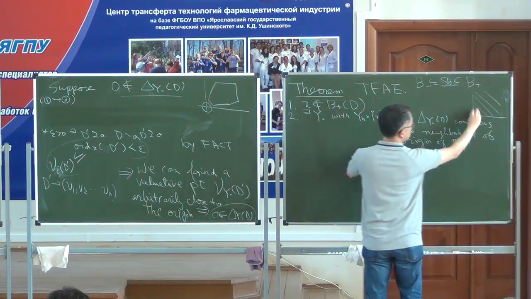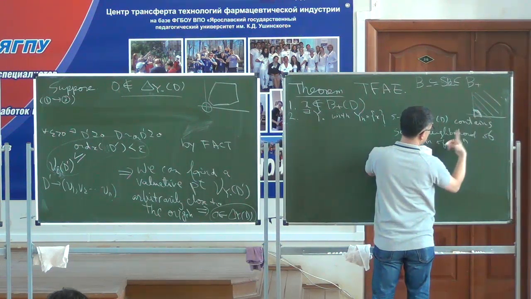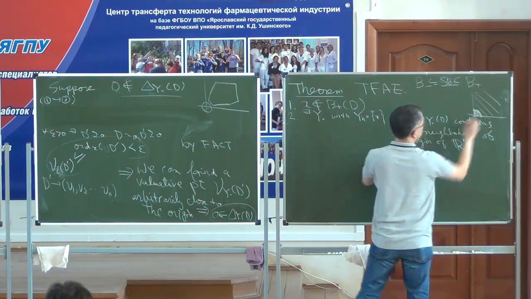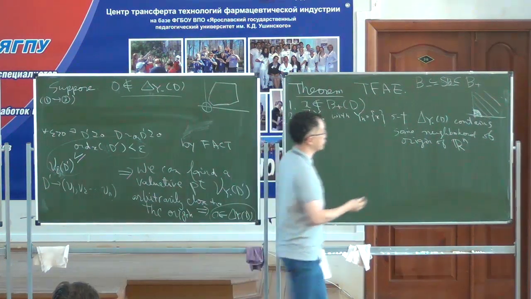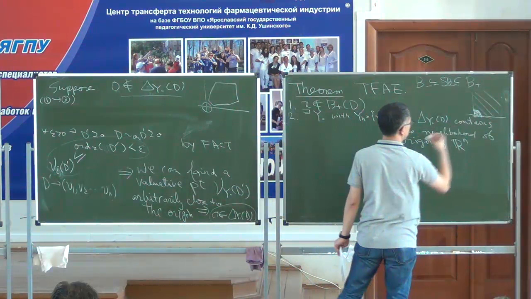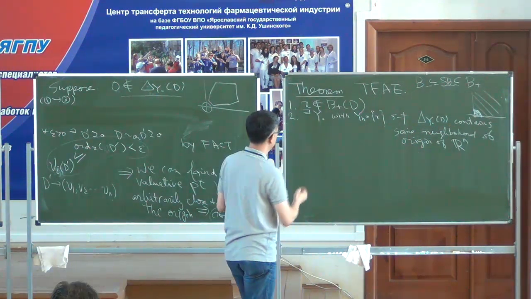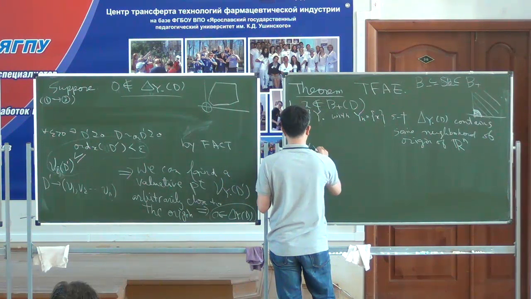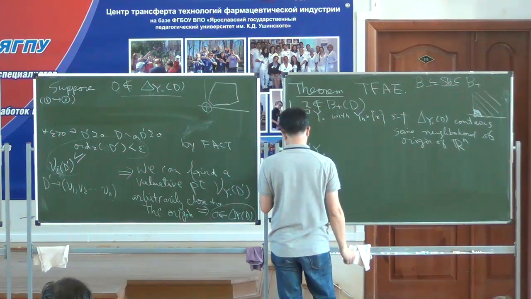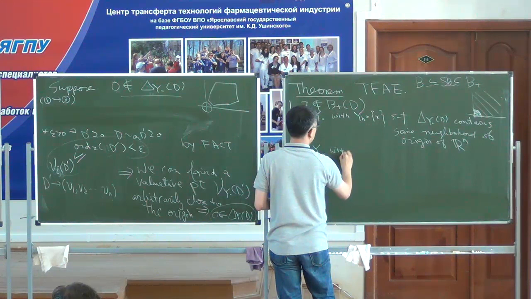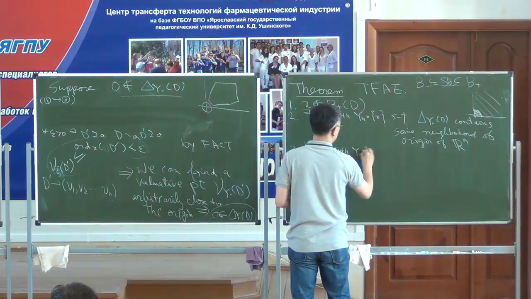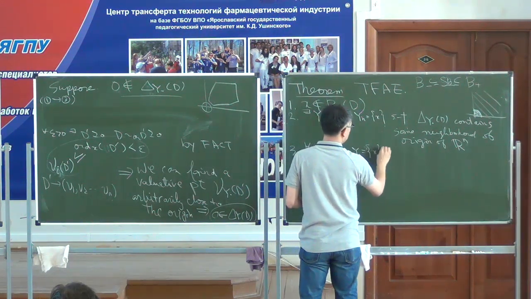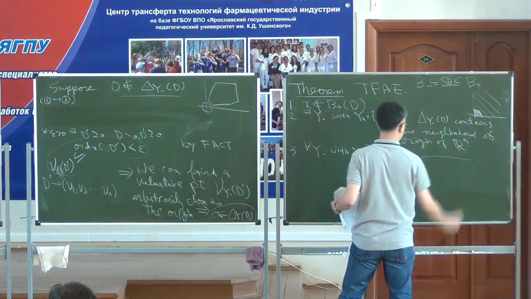So as I said, by neighborhood I mean this one. Of course, it cannot contain the whole neighborhood. Okay. 3, for any flag with X, and the rest is the same.